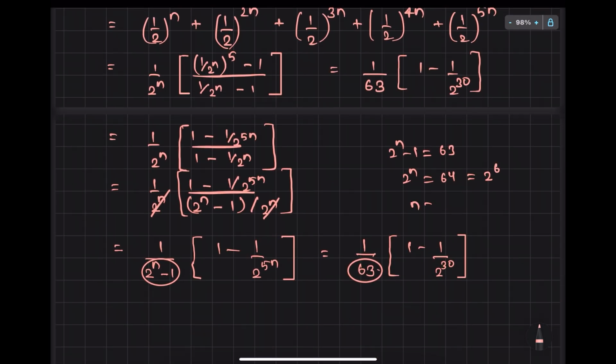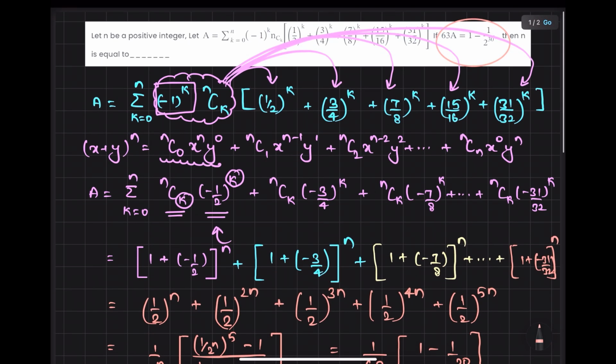So n we got as 6. Also if you wish to compare these two things, again you will have 6 only. So the value for n under this case is 6. I hope the idea is clear.